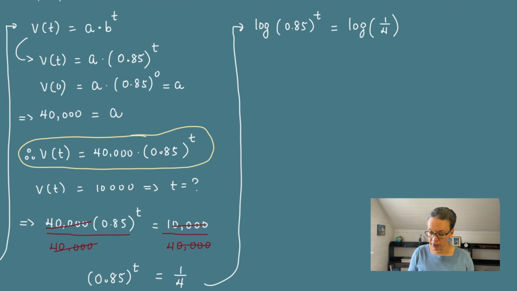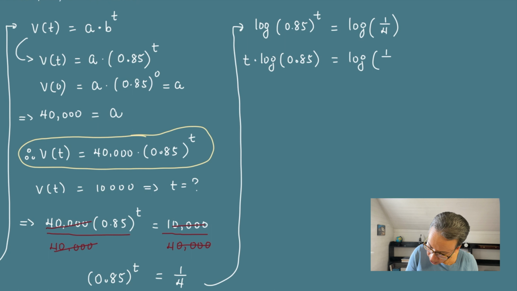And now by using properties of logs, we can take the exponent down in front of the log. This is the power rule for logs. That means that we're going to have t times log of 0.85 equals the log of 1/4.